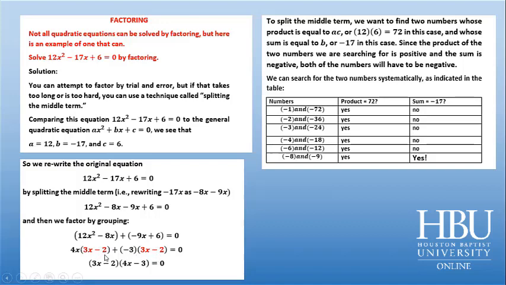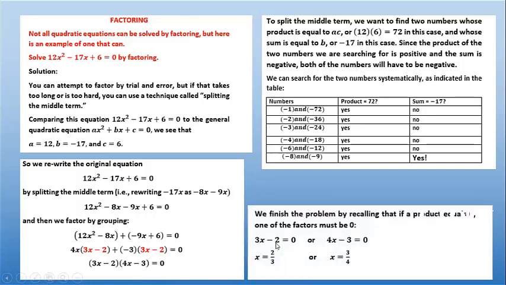Notice that we now have a common factor, 3x minus 2. When we factor that out, the other factor is 4x minus 3. So we end up with 3x minus 2 times 4x minus 3 equals 0. Once we have the product of these two factors equal to 0, we know that one of the factors must be 0.